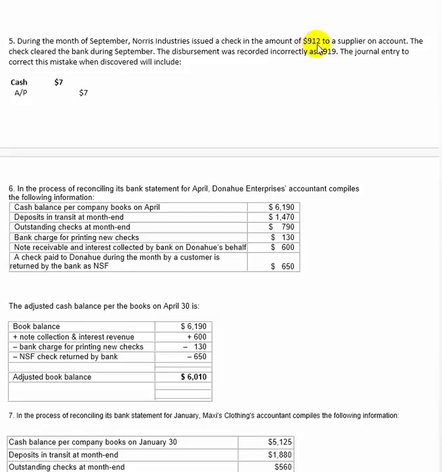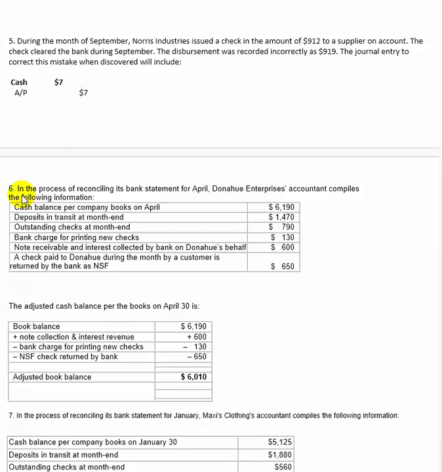It should have been $912. We recorded it for $919. The journal entry to correct this mistake when discovered will include a what? Well, the journal entry should be a debit to cash for $712 and a credit to accounts payable for $712. That would be putting the cash account and the accounts payable account back to the correct amounts.